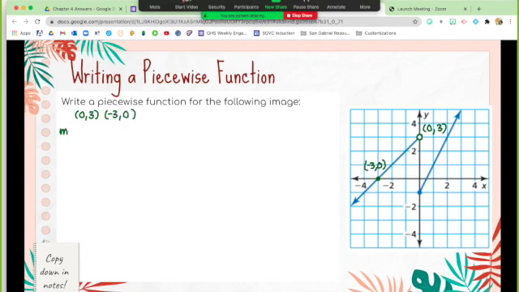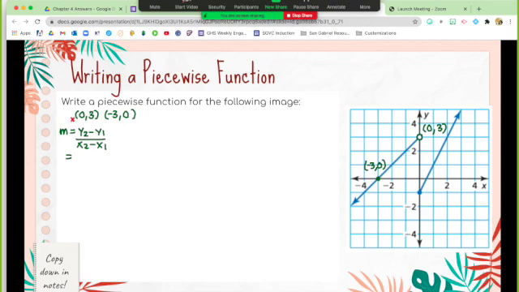I'm going to start off by identifying my slope. It's supposed to be y2 minus y1 divided by x2 minus x1. I'm just going to label these points right here.